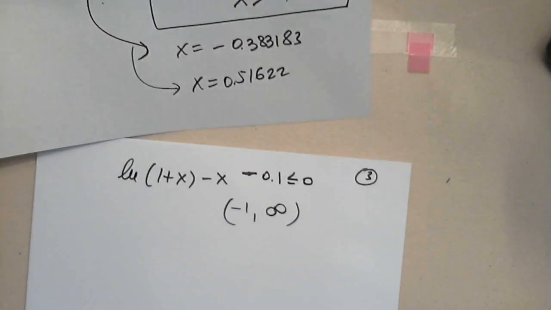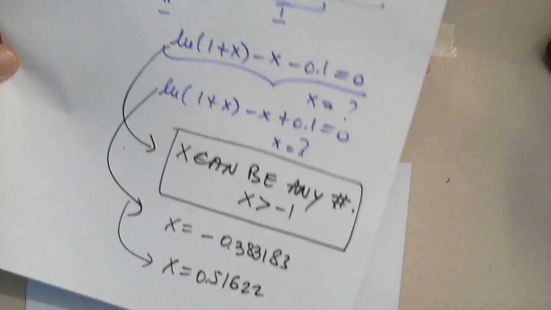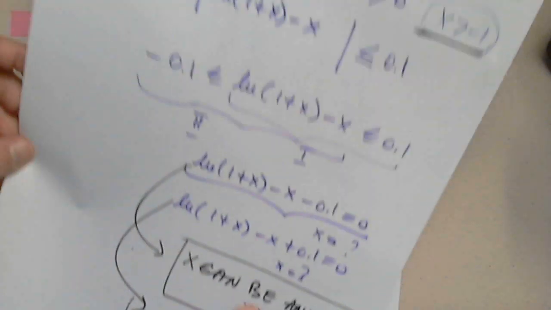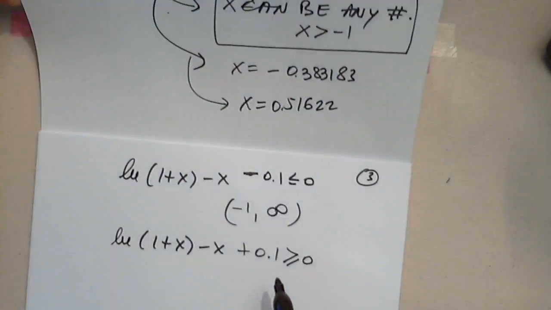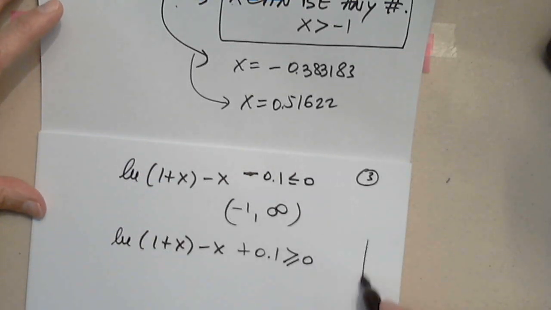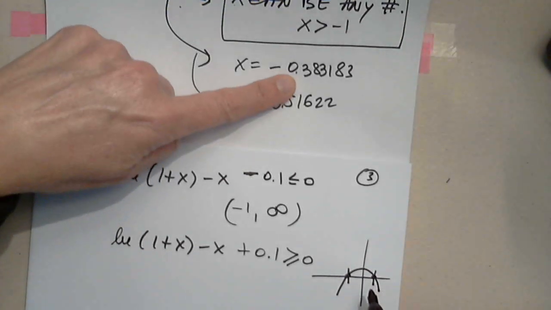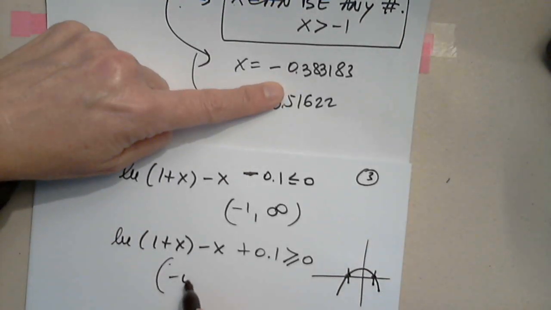When we solve the other one, natural log of 1 plus x minus x plus 0.1 greater than or equal to 0, we obtained an interval because the graph looked like this. Between these 2 points, the function is positive. This is true only between these 2 points, this and this.